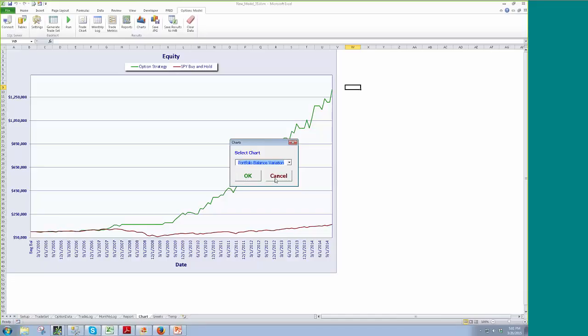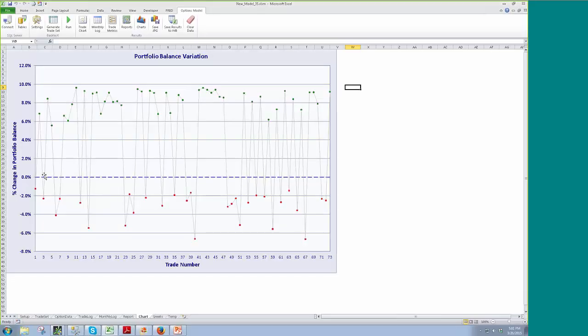If we look at the portfolio balance variation, you can see that based on our fractional risk of 2% and a 4.5 risk-reward ratio, theoretically every trade that's a winner should make about 9% on our portfolio. Well, it's pretty close.